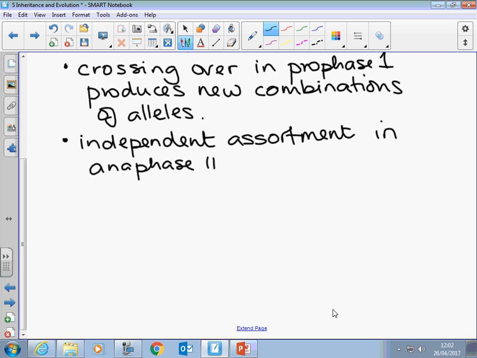And what this means is that, I'm never really sure how to describe this, but you can put together any combination of maternal and paternal chromosomes as long as you've got one of each. I can't really write that. That doesn't quite work.